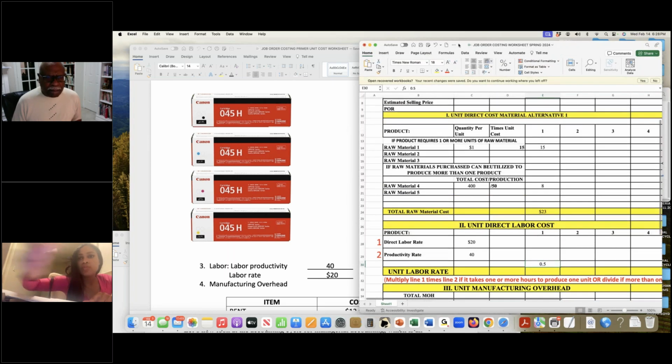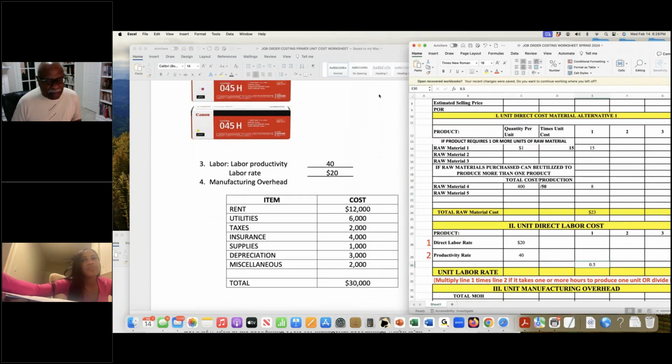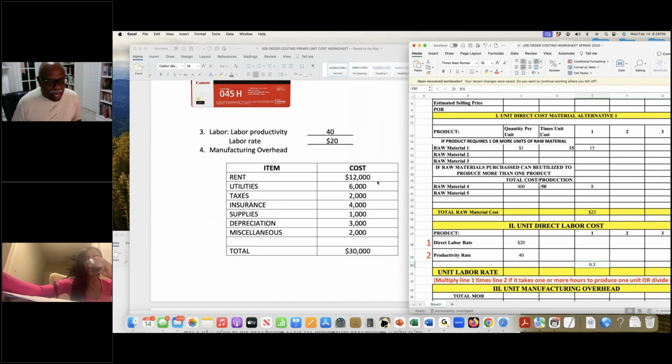Now, when I make this book, and these are estimated costs, there's the rent of a facility, the utility costs, the taxes, the insurance, the supplies, depreciation, miscellaneous expenses. Now, my book does take glue, but I put it in supplies. I don't put very minor costs in there.